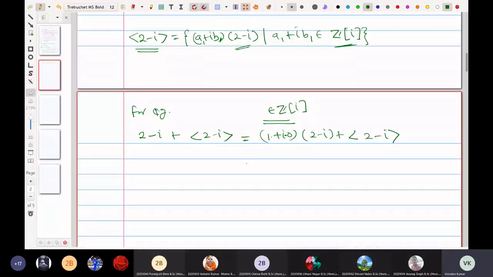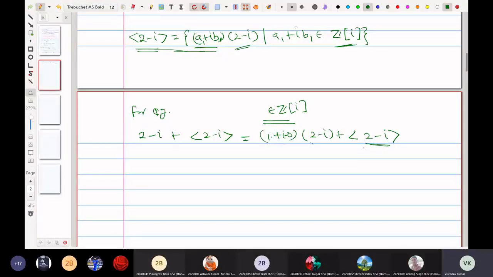In this case, it means this is going to be absorbed here, because this set is a multiple of 2 minus i. So this should be a member of this set, no? And when we are adding this element to this, it will be absorbed.